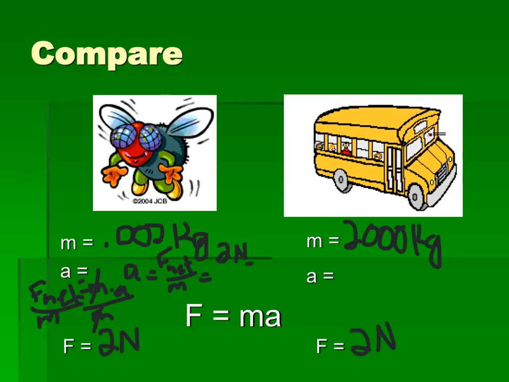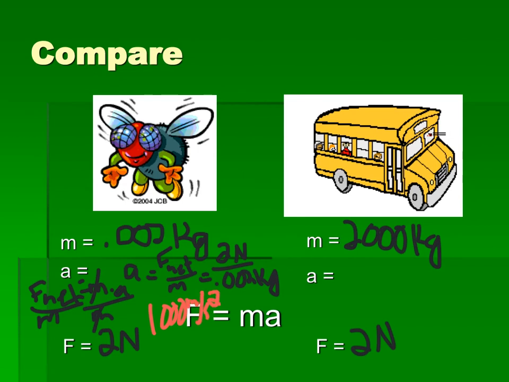So we take our 2 newtons divided by 0.002 kilograms, and we find that the acceleration of this bug, let me grab my calculator quick, would be 1,000 meters per second squared.